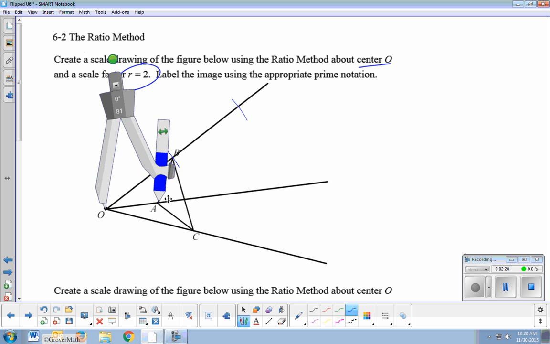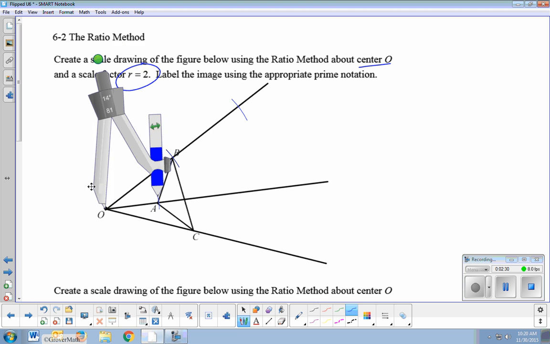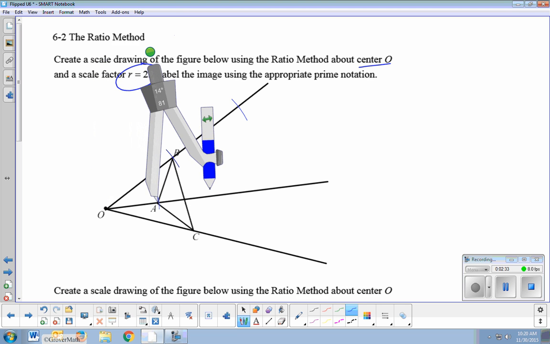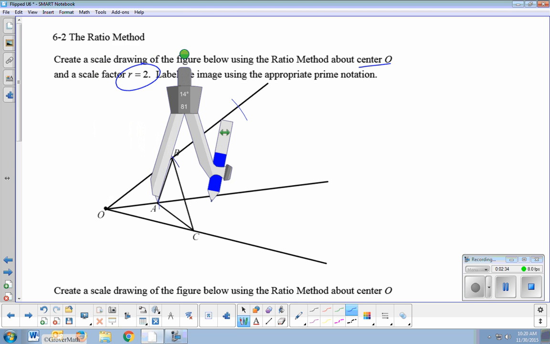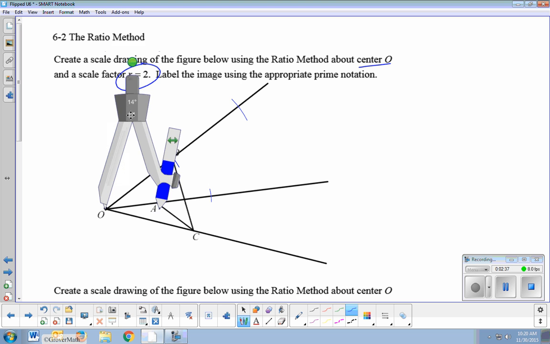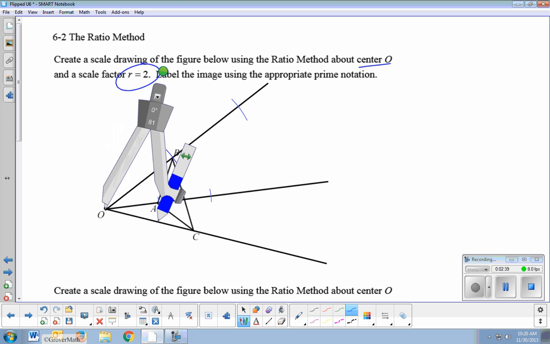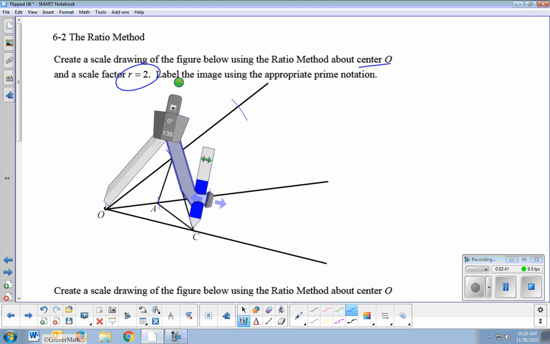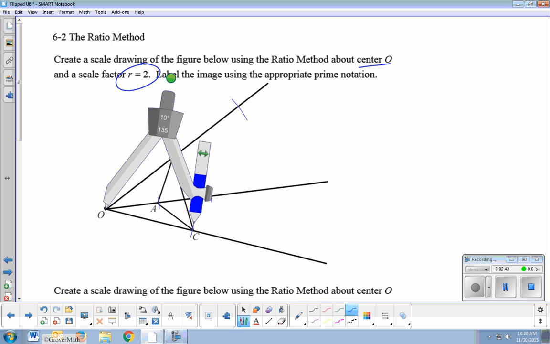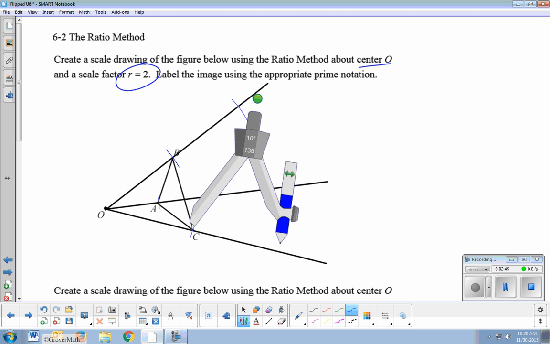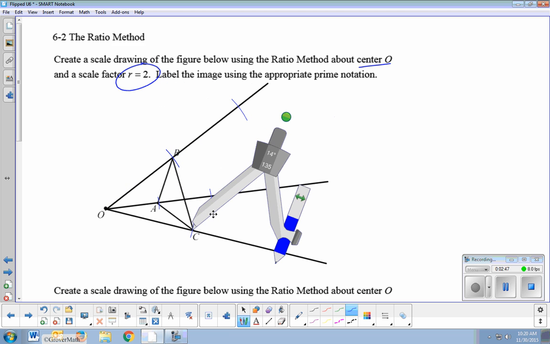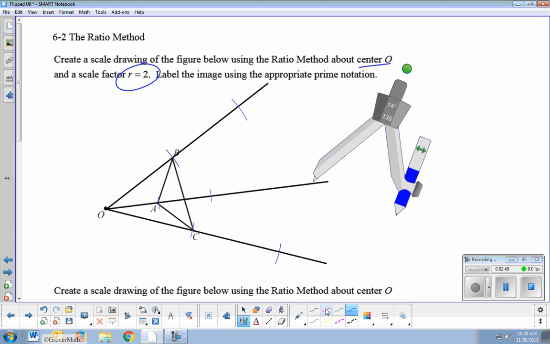And so then I just, remember, you always got to make a slash for the measurement, and then we go to the slash and make our next point. And you try to be as precise as you can. You could probably be even more accurate than I can with the smartboard. It has its limitations. All right, and then right there. Okay, so now I'm going to make points at these locations, and I'll label them.